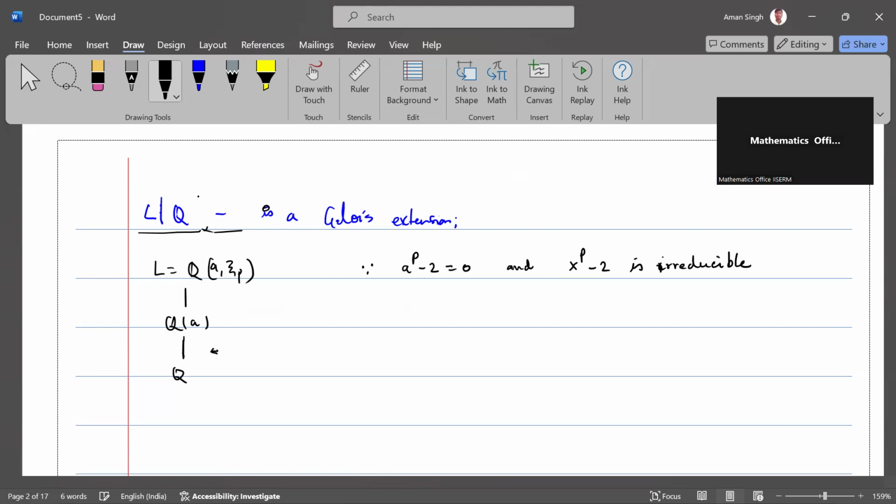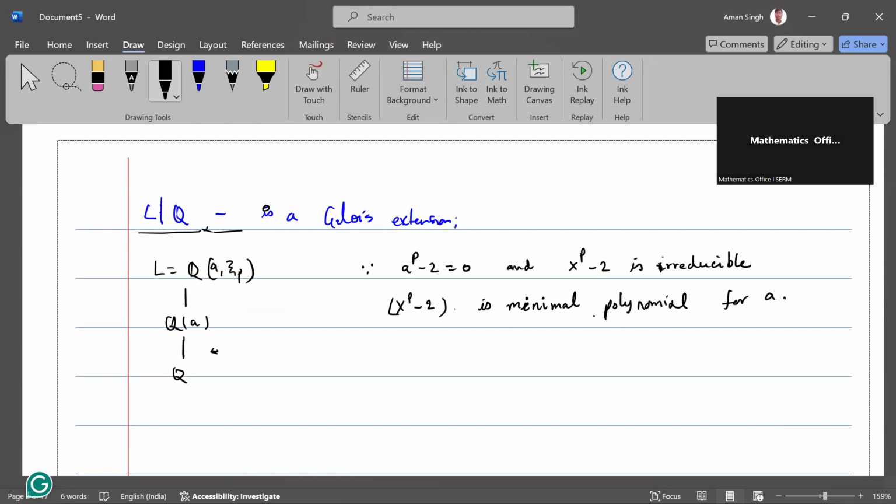we will have that x power p minus 2 is the minimal polynomial for a.